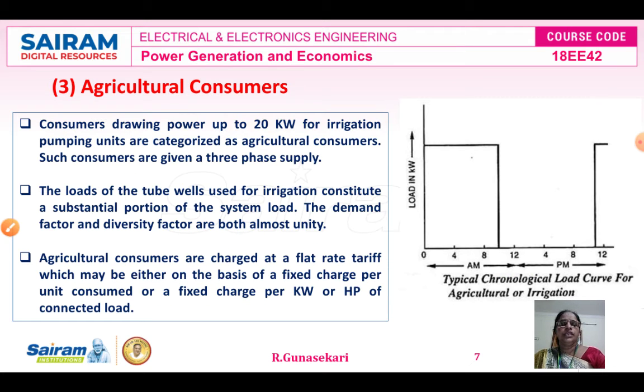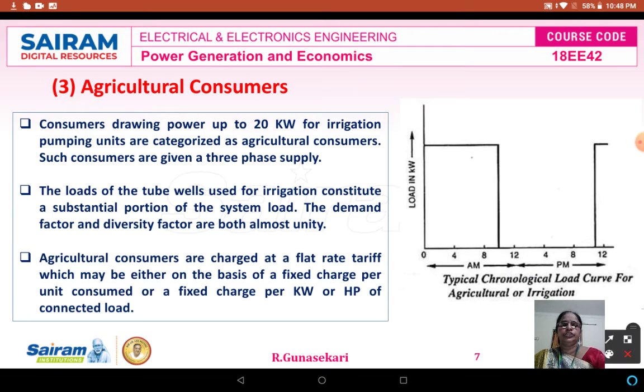The third type is the agricultural consumers. The agricultural consumers draw power up to 20 kilowatt for the irrigation pumping units. The agricultural consumers use 3-phase power supply. The load of the tube wells used for irrigation constitutes a substantial portion of the system load.